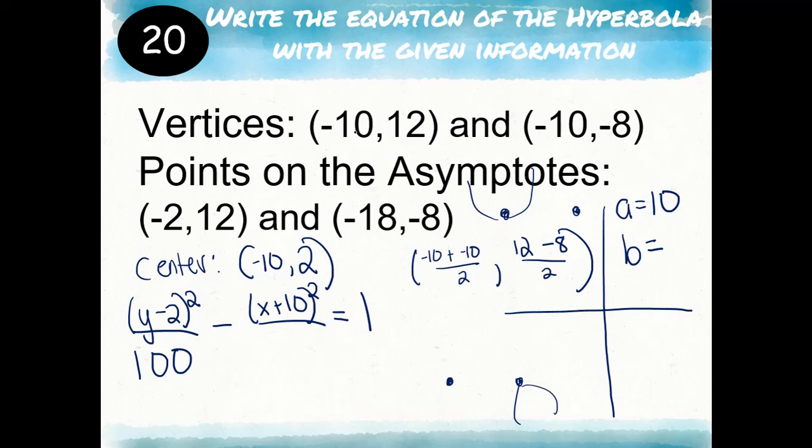Holy buckets, would have messed that one up. So negative 10, 12 to negative 2, 12. That'd be 8, right? That'd be 8 away from one another. This value right here, this is 8. So my b has to be 8. So in this case, under the x's, I would have a value of 64.